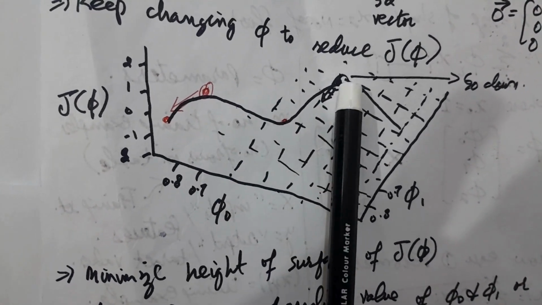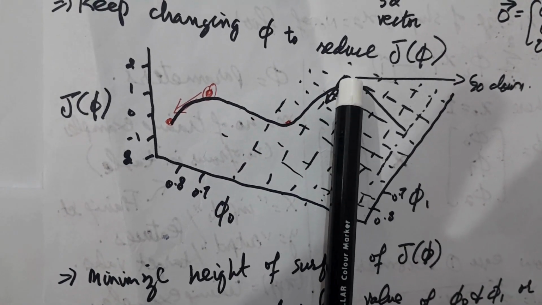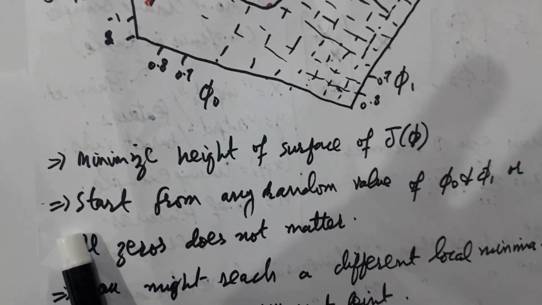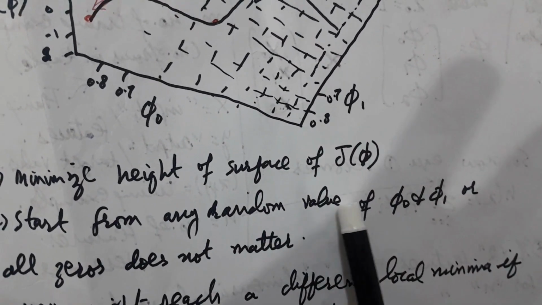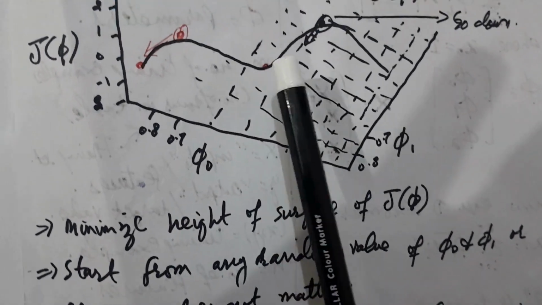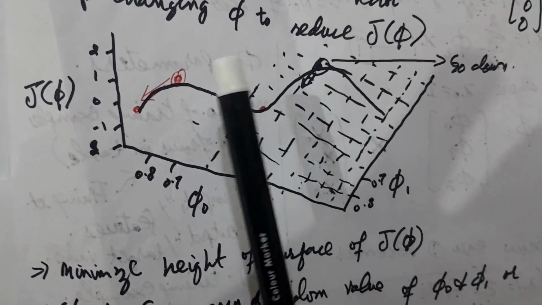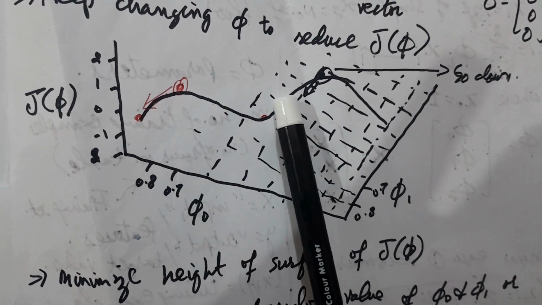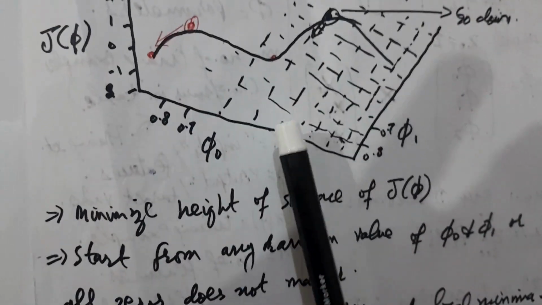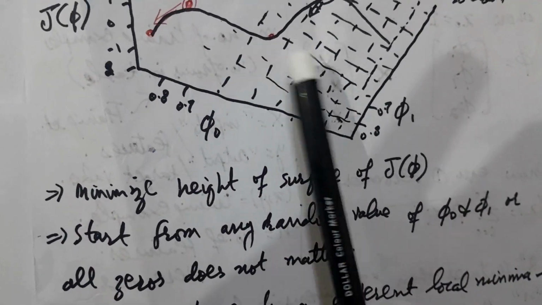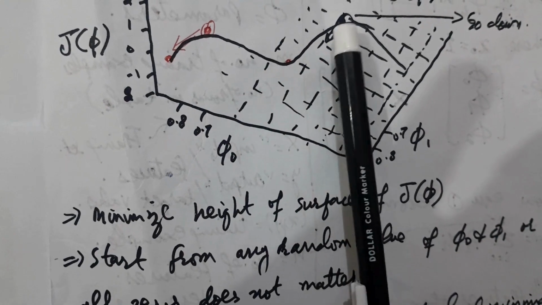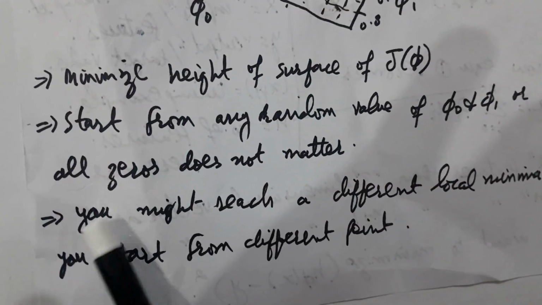That is the target. I have given you the example of a person standing on a mountain and going deep down. Starting from any random value of phi naught or phi 1, or all zeros, does not matter. If you start from here or from here, it really doesn't matter, but how it matters, I will explain in other videos. So here it doesn't matter, you can start from any point.